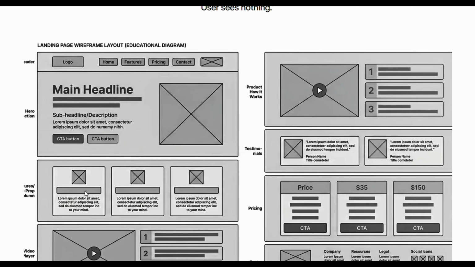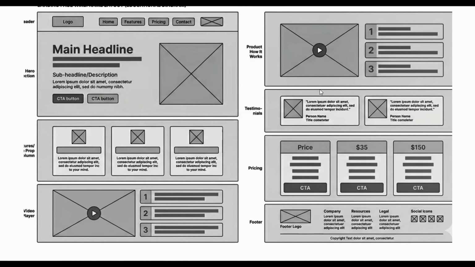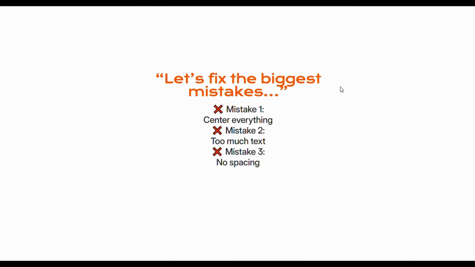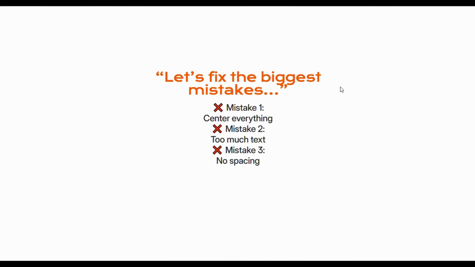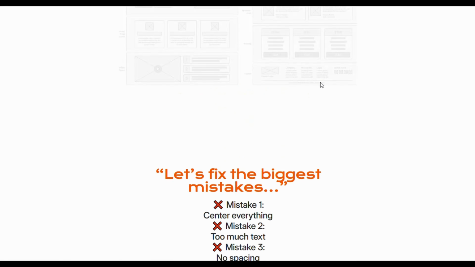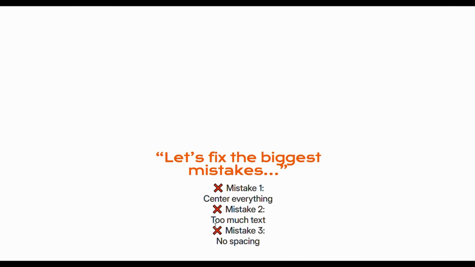After that we have discussed three cards or four cards or carousels, right? We can see here. Okay, if you follow this Z pattern system, you can build extraordinary SaaS landing pages. We have to avoid some mistakes, right? Centering everything, too much text and no spacing.